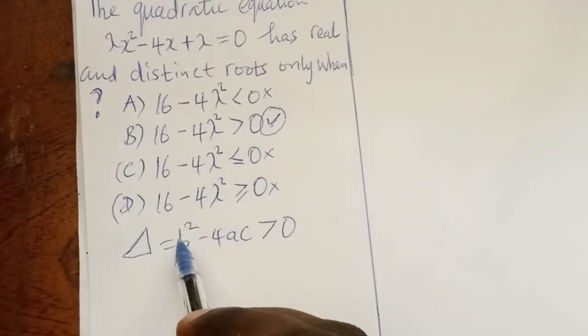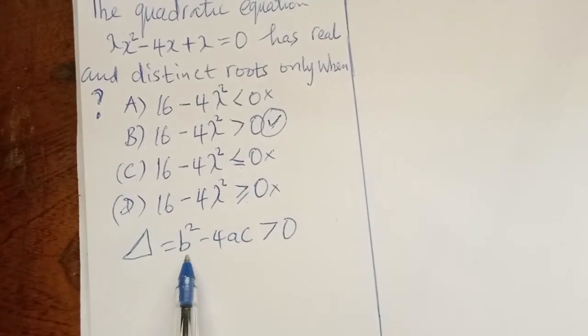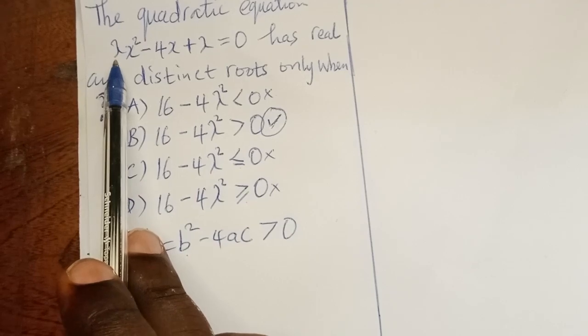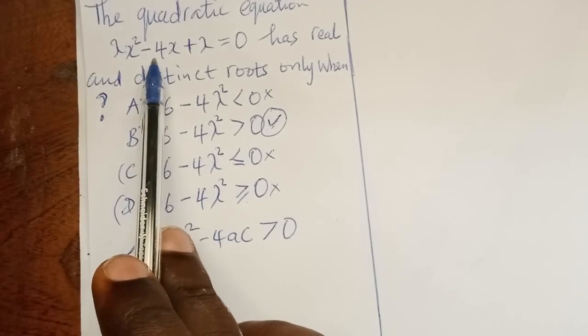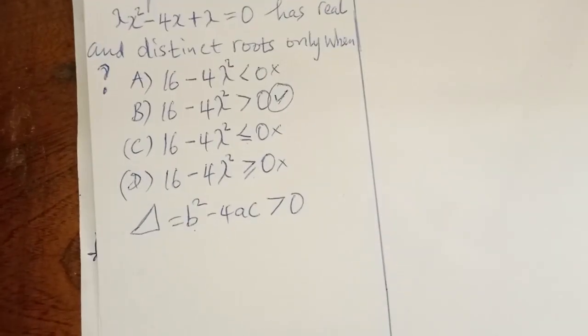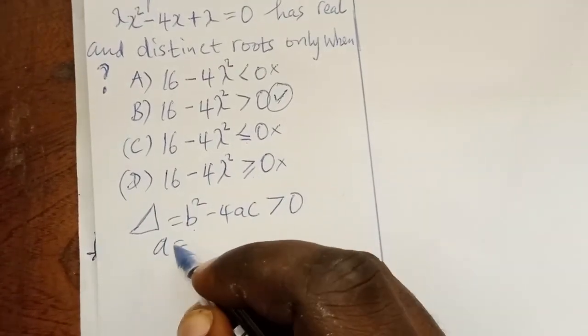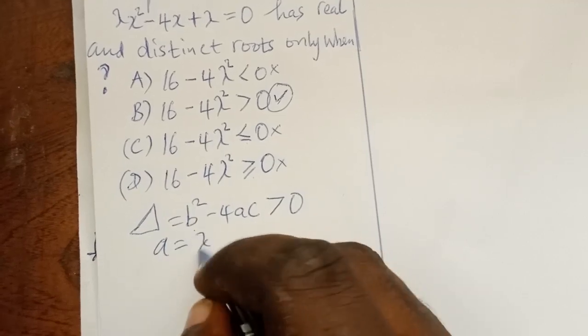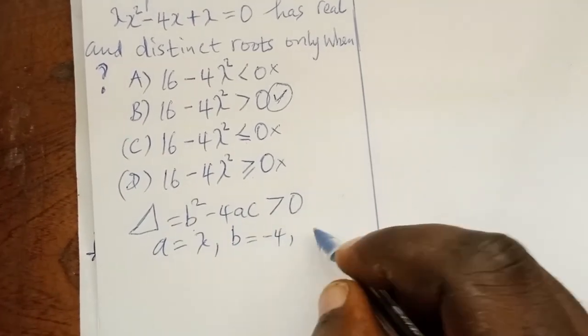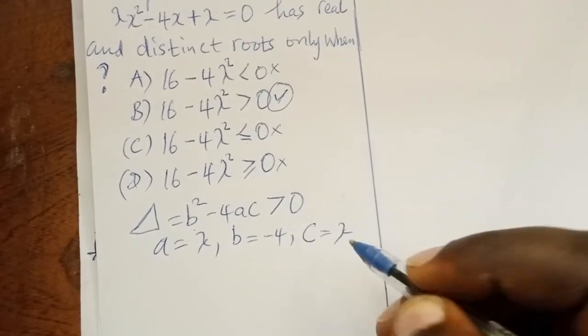In the expression here, a is lambda, b is minus 4, and c is lambda. So a is equal to lambda, b is equal to minus 4, and c is equal to lambda.